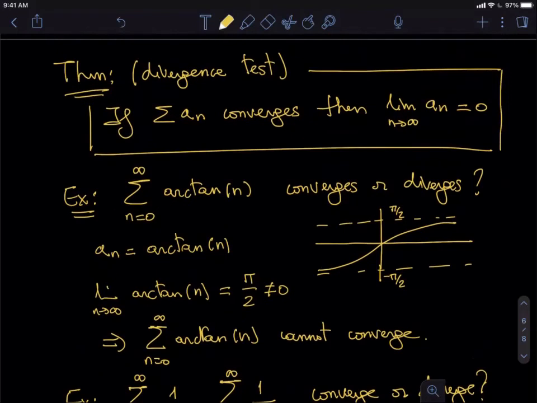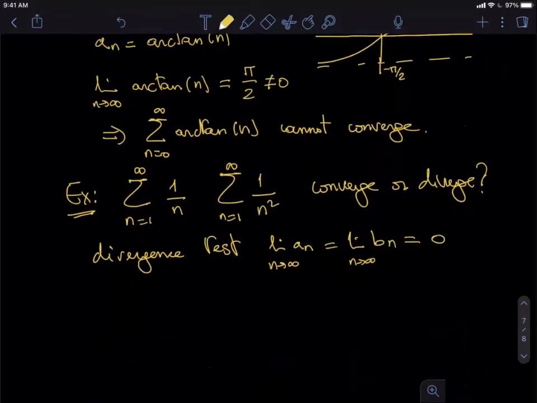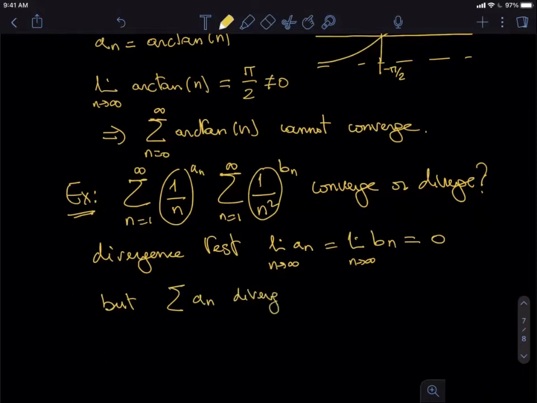When the limit is 0, we don't know if it converges or diverges. This 1 over n is what I wrote a_n, and 1 over n squared is b_n. The sum of 1 over n diverges. This is Calc 2, but we will go over this carefully later. And the sum of b_n converges.